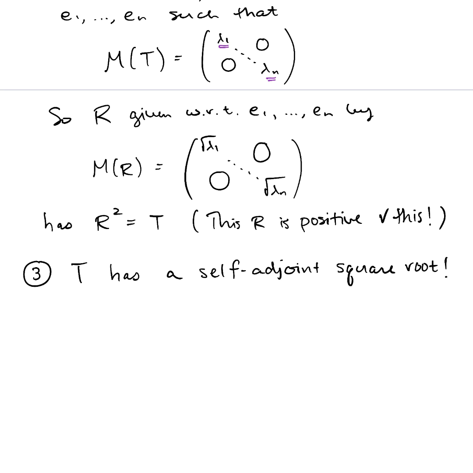Again, look at the matrix for R. It's diagonal, and the entries on the diagonal are non-negative real numbers, so the conjugate transpose is itself with respect to that orthonormal basis. So that R is self-adjoint. Okay, fine.